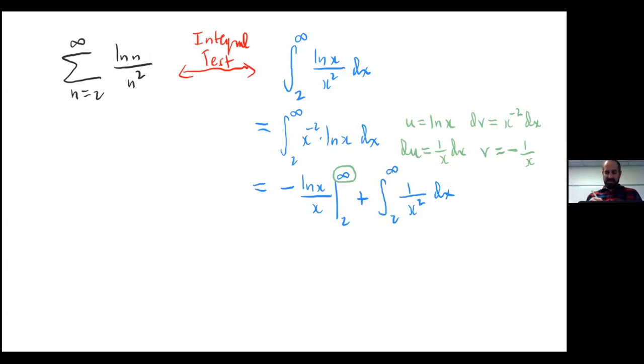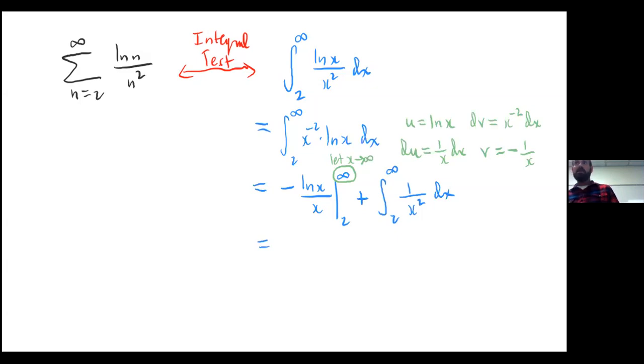I mean to let x go to infinity, yes? So what happens if I let x go to infinity in negative logarithm of x over x? What would I get? Right, but what wins? The x does.